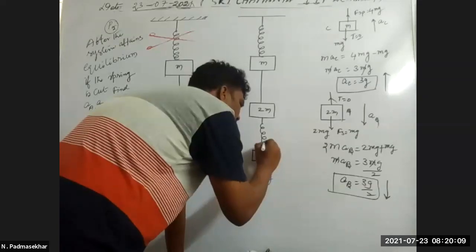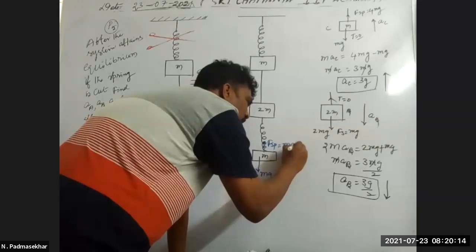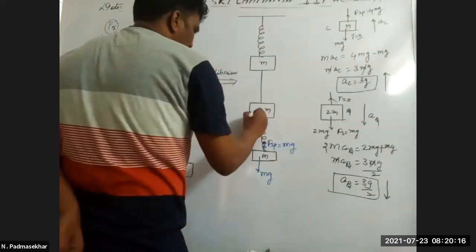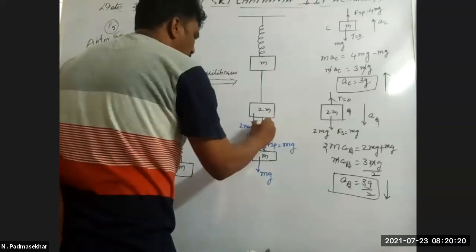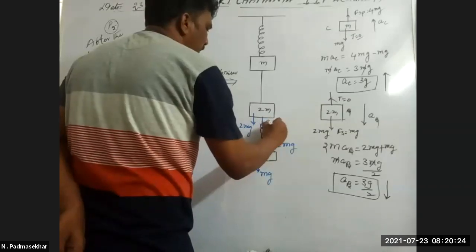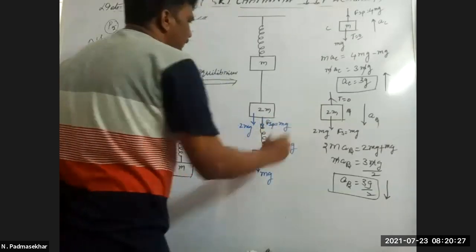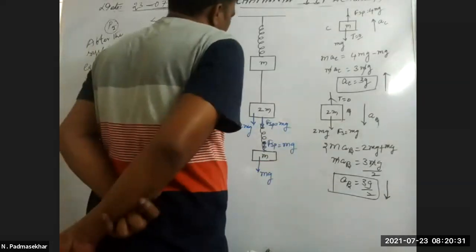Look at the spring force: what is the spring force? It is mg, and here this is 2mg. The spring force Fsp is equal to mg.